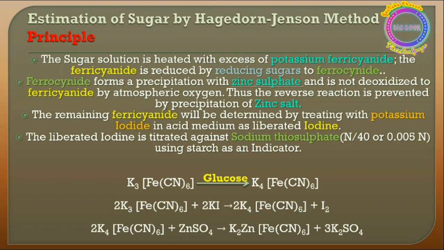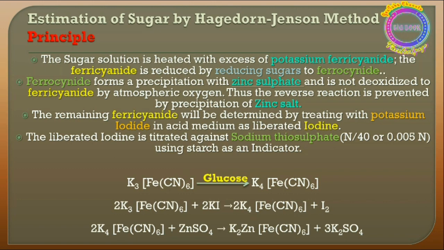In the principle it is very clear that the sugar solution is heated with excess of potassium ferricyanide. The ferricyanide present in the potassium ferricyanide is going to get reduced by the reducing sugars to form the ferrocyanide.